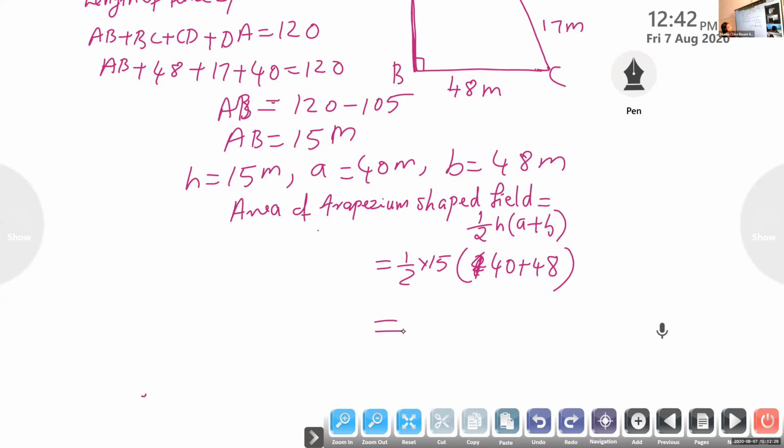Half into 15 into 40 plus 48 is 660 meters square. The area of the field is 660 meters square.